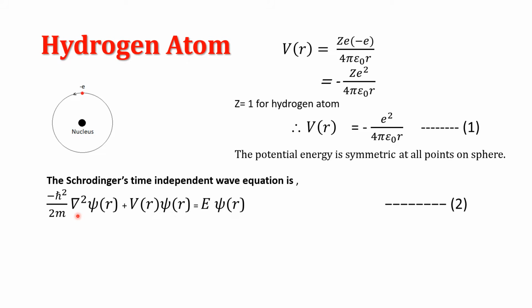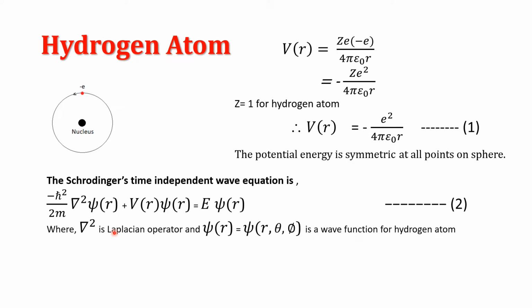That Laplacian operator we express in the spherical polar coordinate system. So the wave function for the electron depends on r, theta, phi. Therefore, psi of r is replaced by psi of r, theta, phi, the wave function for the hydrogen atom.